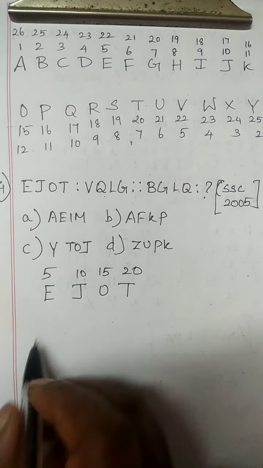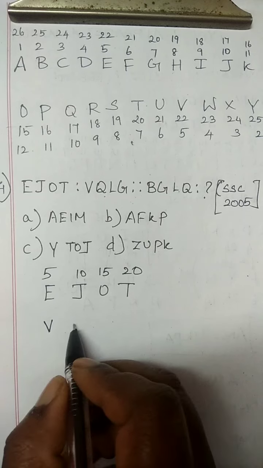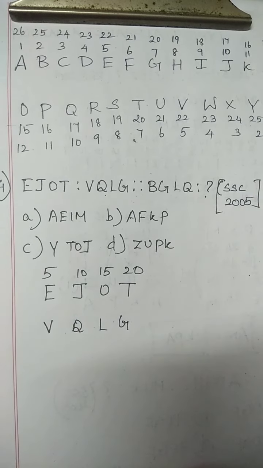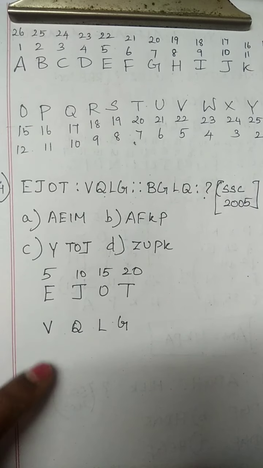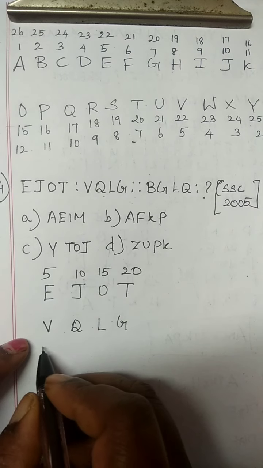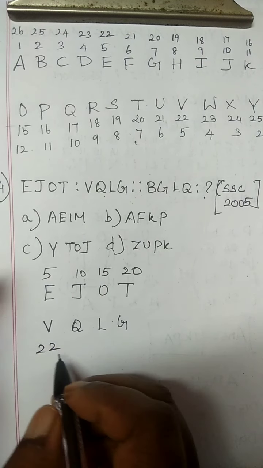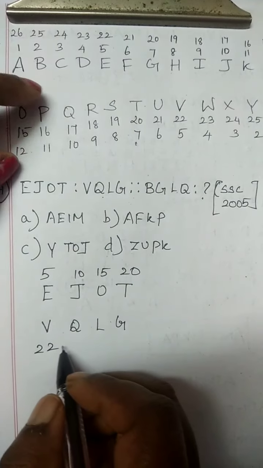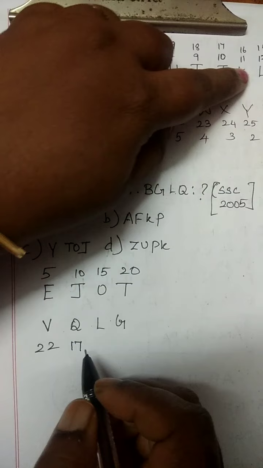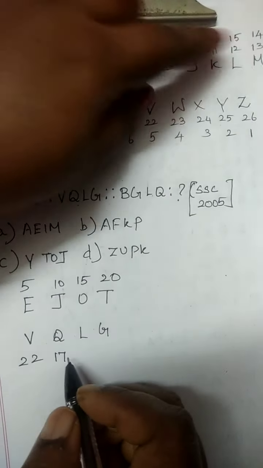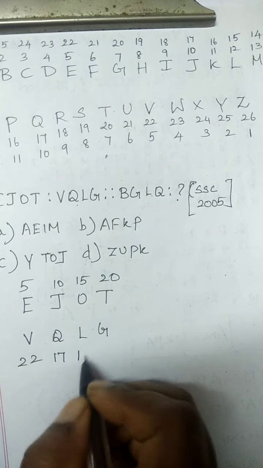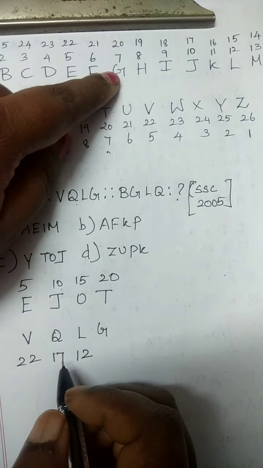Now let's check the numbers for V, Q, L, G. V is 22, Q is 17, L is 12, and G is 7.